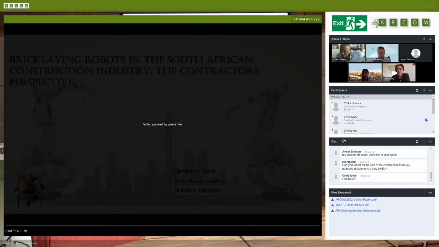Given this COVID situation, this robot SAM would have been beneficial in the construction industry, with all the lockdowns and the restrictions in terms of labor. But I think what was different in our particular finding, and I don't think it's specific to this particular robot, is that South Africa is going to be very slow in the uptake of automation and robotics.